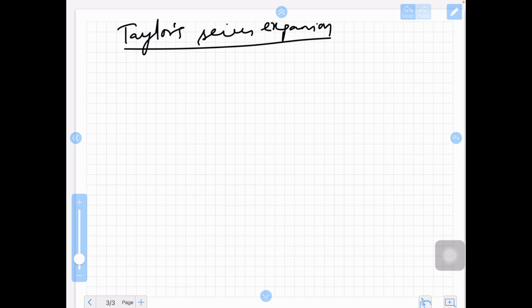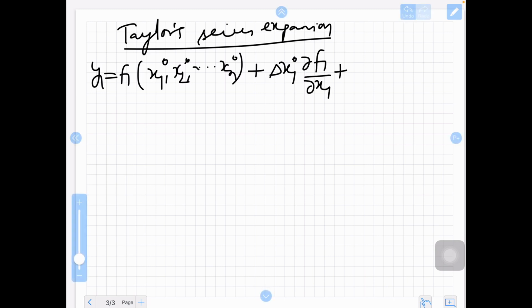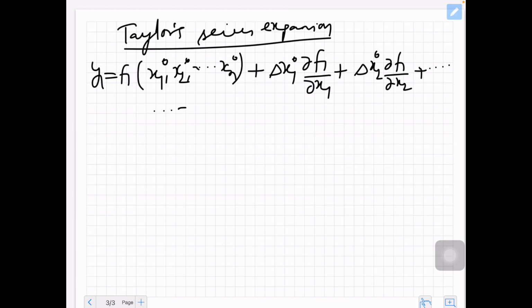So y1 is equal to f1 of x1 naught, x2 naught, etc., xn naught, plus delta x1 naught dou f1 by dou x1, plus delta x2 naught dou f1 by dou x2. Similarly it goes, similarly we can expand till etc. plus delta xn naught dou f1 by dou xn.